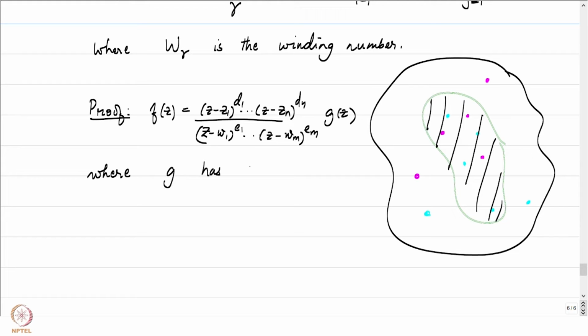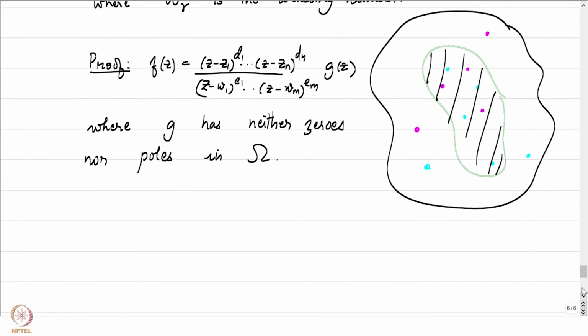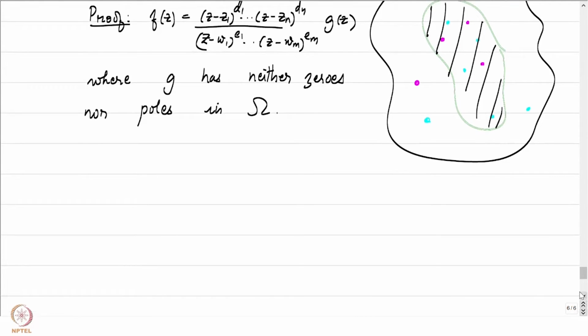G has neither zeros nor poles in omega. So, this is done by successively using the fact that the z_i's are zeros and the w_i's are poles of f. So, maybe an induction argument can help us conclude this, and once we have this, we will be able to write our log derivative in the following manner.